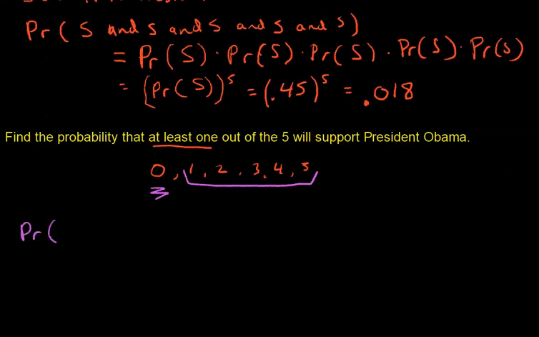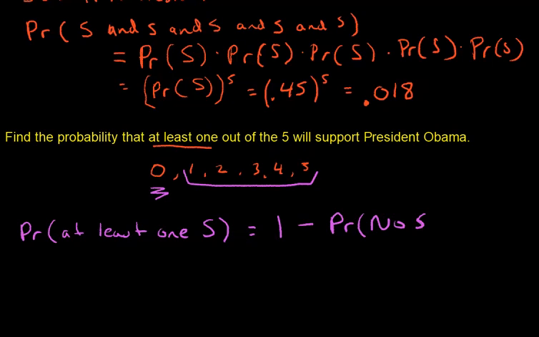So the probability that at least 1 supports the president is equal to 1 minus the probability of no support, no S. The probability of no support means that all 5 people do not support the president.